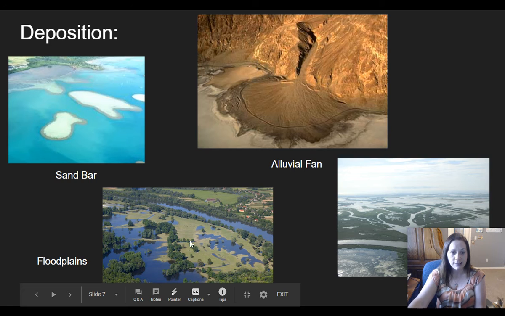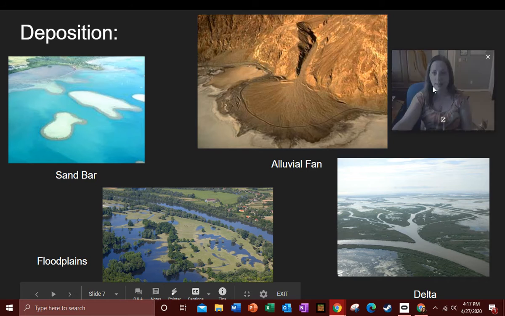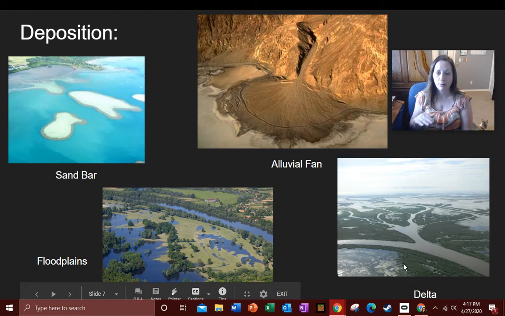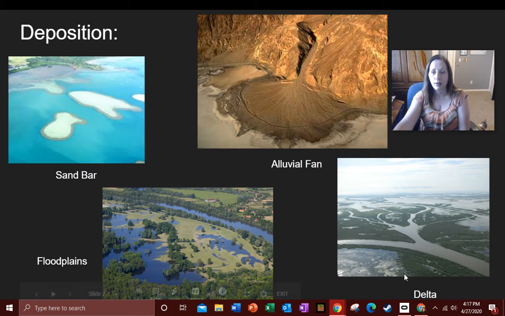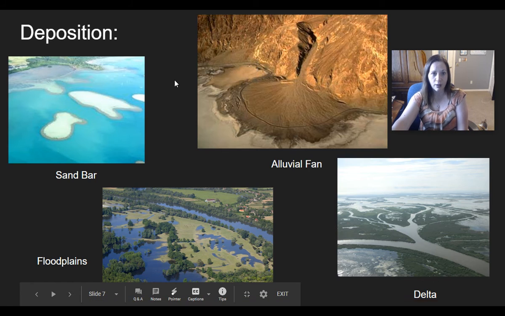Floodplains, you can see the water in the middle, but the stuff that's been deposited on the outsides there. And then this one is a delta. Now the delta is where the river kind of goes into the lake or the ocean, and all the sand and stuff that it's been carrying kind of stops there and forms the delta of the river.